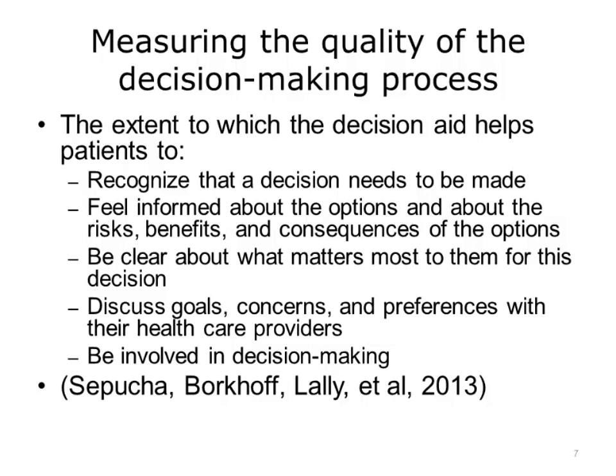Recognize that a decision needs to be made. 2. Feel informed about the options and about the risks, benefits, and consequences of the options. 3. Be clear about what matters most to them for this decision. 4. Discuss goals, concerns, and preferences with their healthcare providers. And 5. Be involved in decision-making.